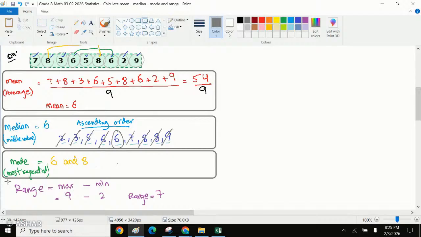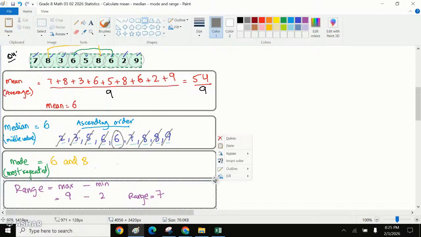And about the range, it is the maximum minus the minimum value. So the maximum value was 9. This was the minimum value. So 9 minus 2 would give us the range, and the range is 7 for this given question.